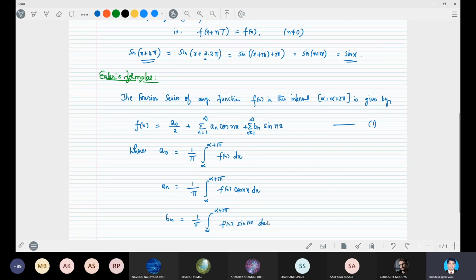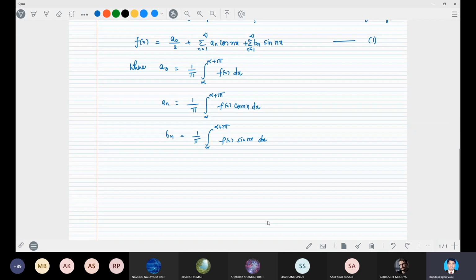The values of the coefficients a naught, a_n, b_n are known as Euler's formulae.